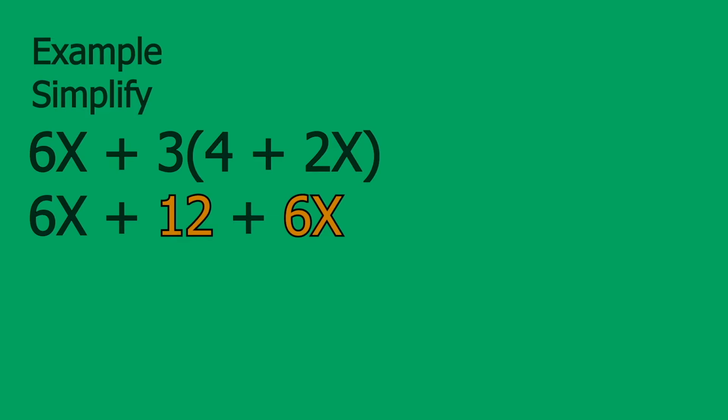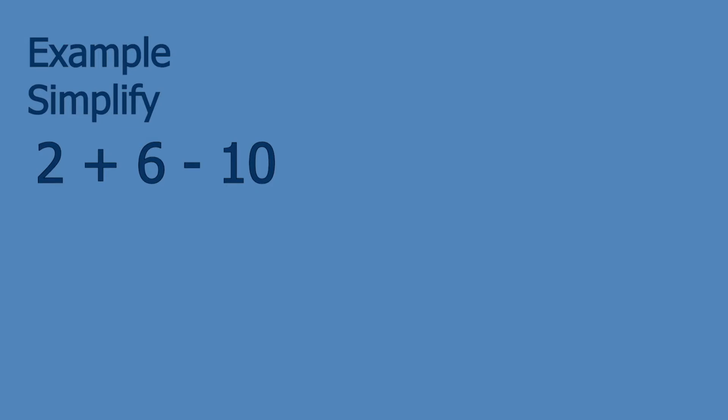Well, we have two 6x. We can combine like terms. We have now 12x plus 12. Lastly, this is another expression. 2 plus 6 minus 10. Well, when we combine quote-unquote like terms, when we combine all of them because they're just numbers, they're constants, you get negative 2.